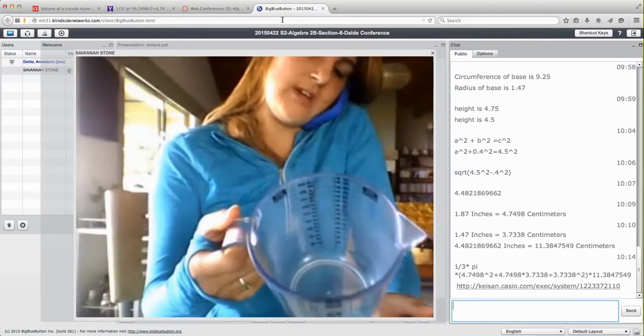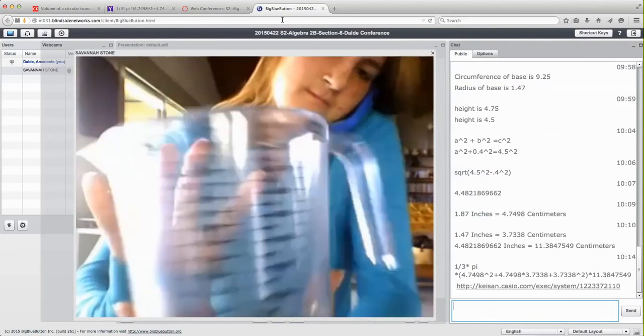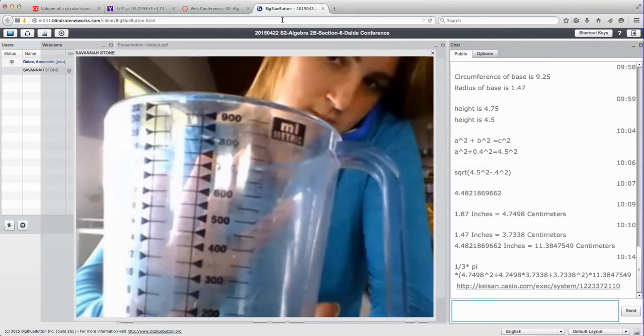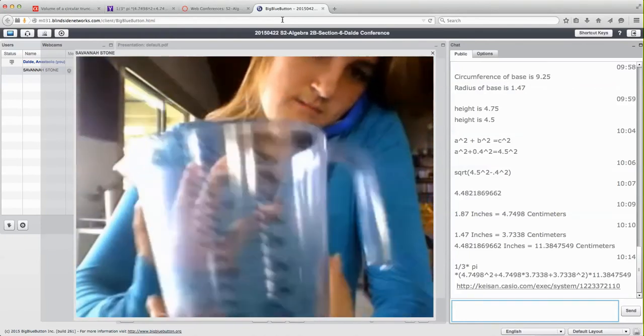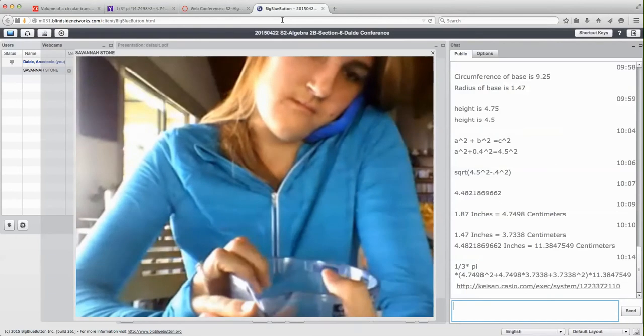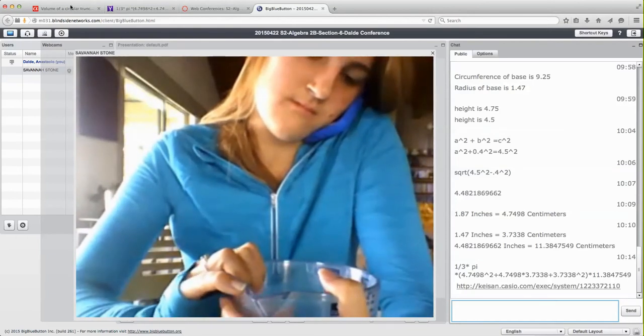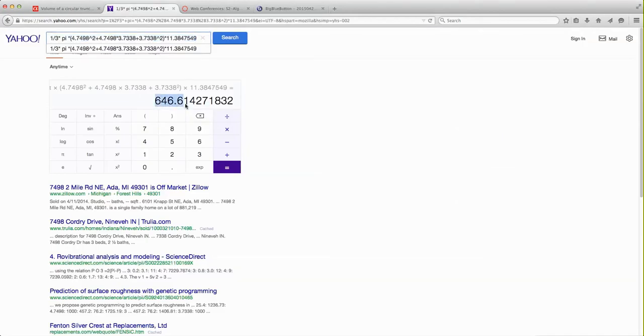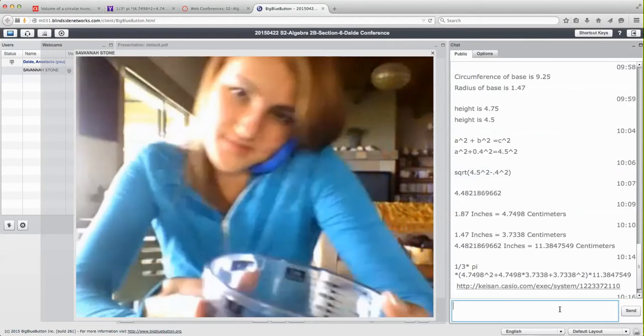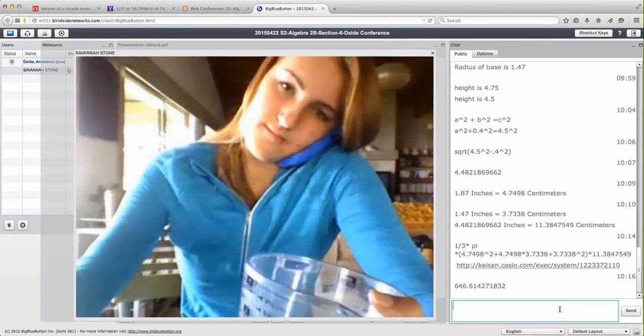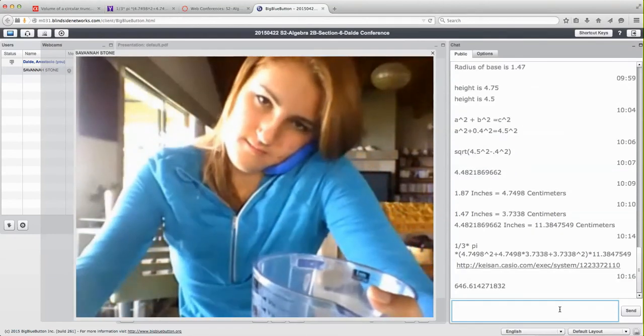Yes. Okay, cool. The reason I asked you to convert inches to milliliters is because right now our answer is 646, right? 646.6132, and so on. Of course, mathematically that's silly because we didn't measure things that accurately.